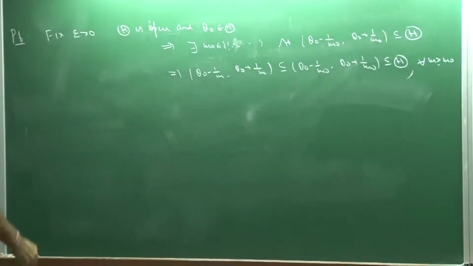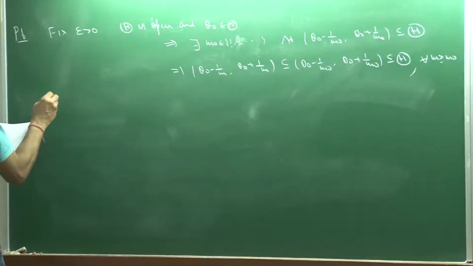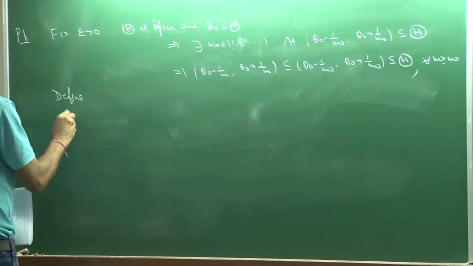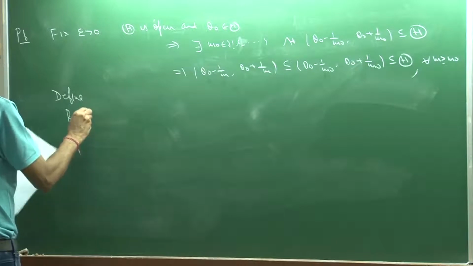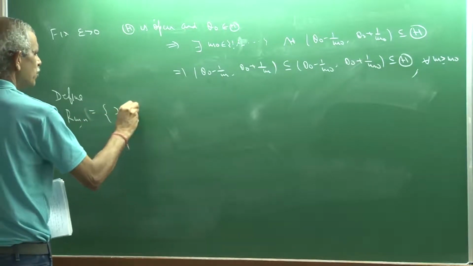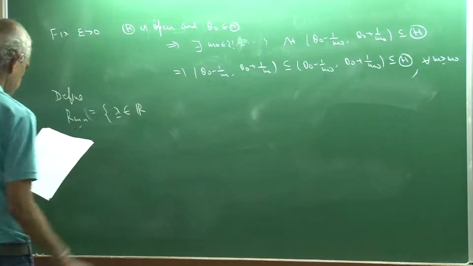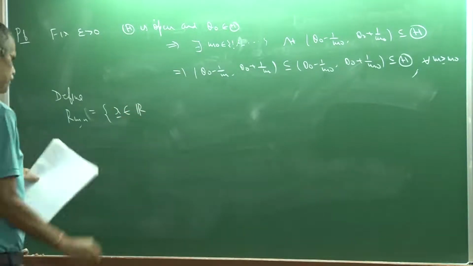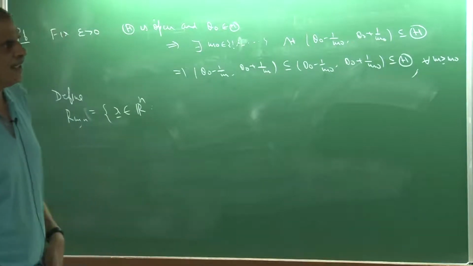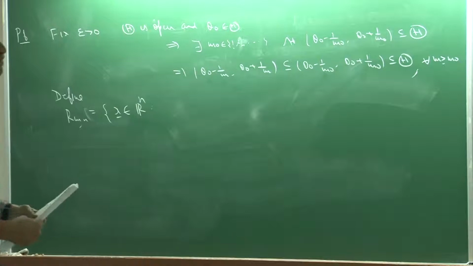So what I do is I define R m n as the collection of all those x belonging to R n. So I am proving the result for the case where theta is a real parameter. One can have this for general k dimensions, but let me prove it for one dimension.